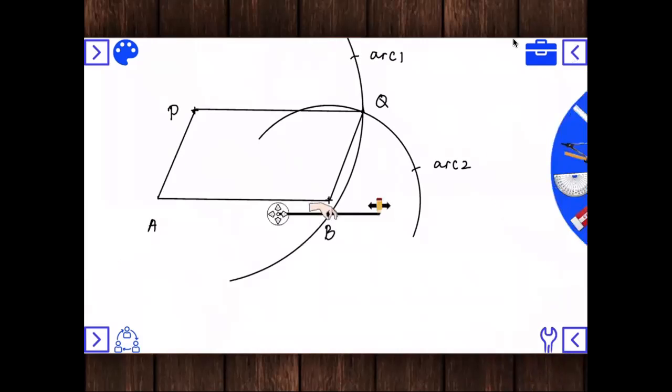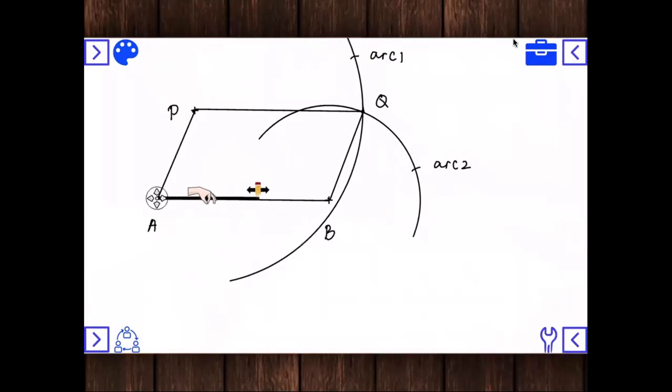So the first step, we measured AB, and with the center of point P, we drew an arc with a radius of AB. What does that mean? That means AB and PQ are equal. We have AB is equal to PQ, right?